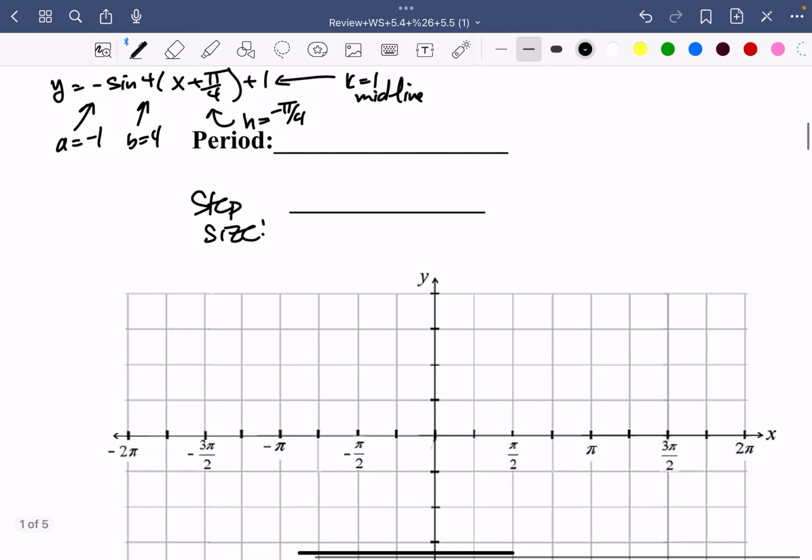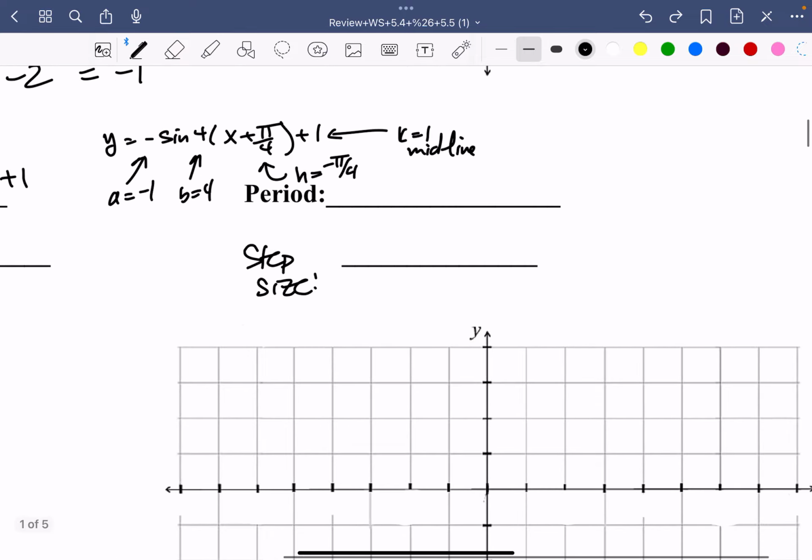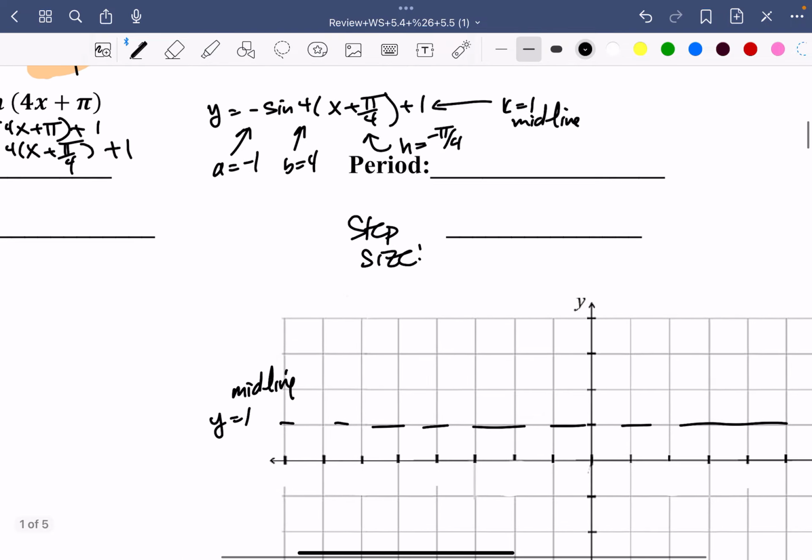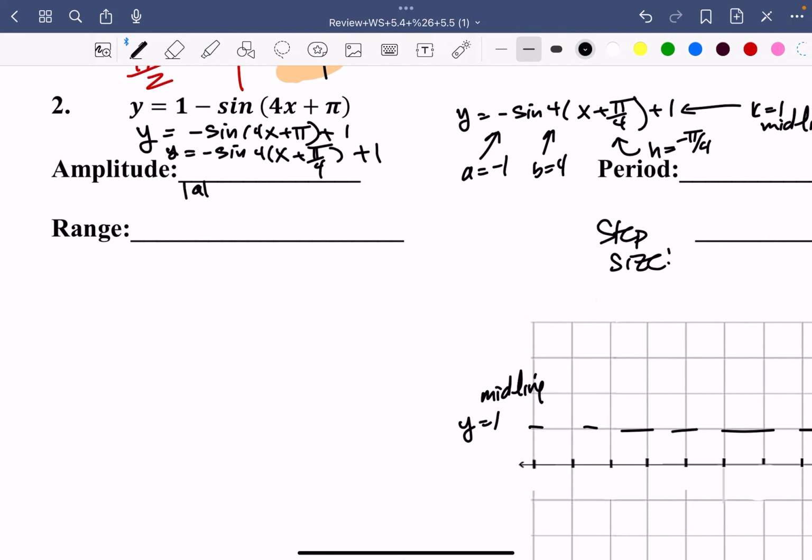So again, let me go down here and erase this for you so we can start off with a clean graph and make it whatever step we want to. Okay, so now I come over here. Okay, so my midline is at 1, so I draw my nice midline here. At y is equal to 1 is a midline. So I know that my amplitude is the absolute value of a, so it's the absolute value of negative 1, so it's 1.